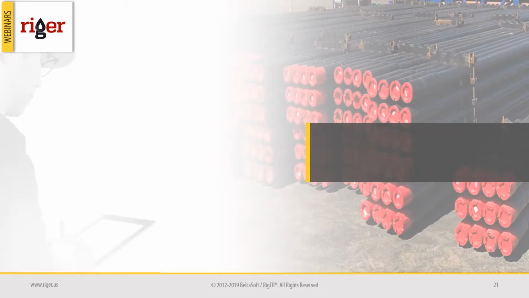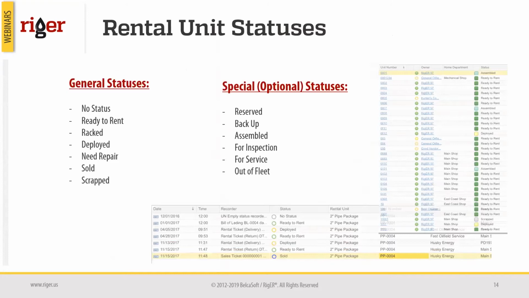Good question. The entire system design requires that you use the statuses. We have a set of general statuses which you can't avoid using: ready to rent, racked, deployed, need repair, sold, and scrapped.